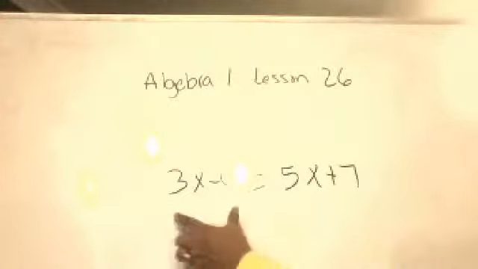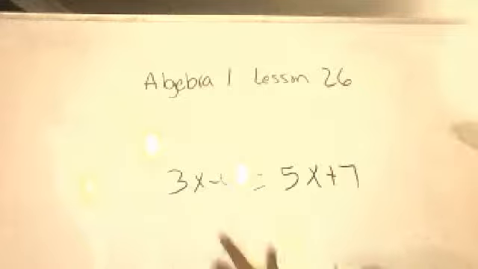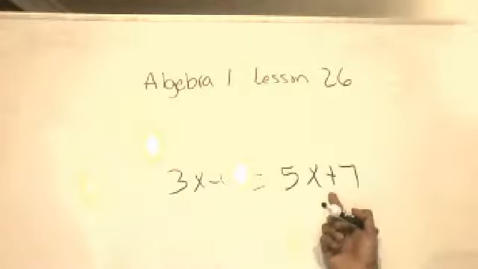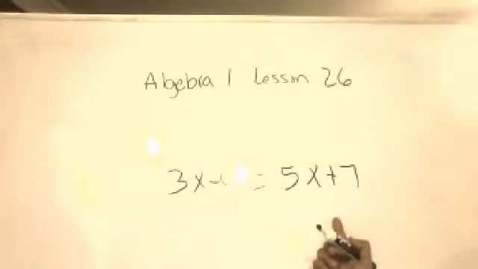Do I have a like term here? No, I have a 3x minus 4, and I have a 5x plus 7. You can't combine either one, so they're not like terms. So the next step is eliminating the variable on one side. I have a 3x on the left side and a 5x on the right side. It doesn't matter, I can move it to either side.